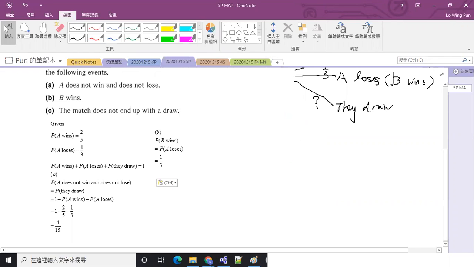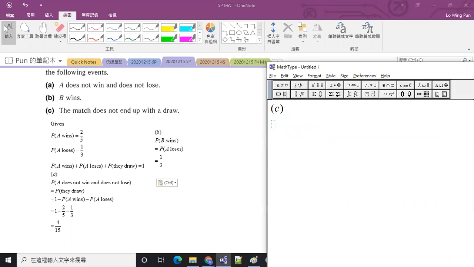And then part C. The match does not end up with a draw. I want to find the probability of not draw. That is, the result is not a draw, meaning someone wins and someone loses. Or put it this way: we do not want the draw, so it is 1 minus the thing we do not want, which is the draw.